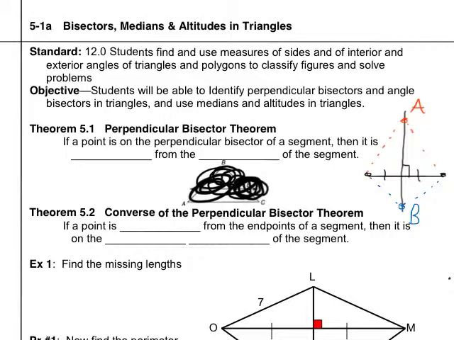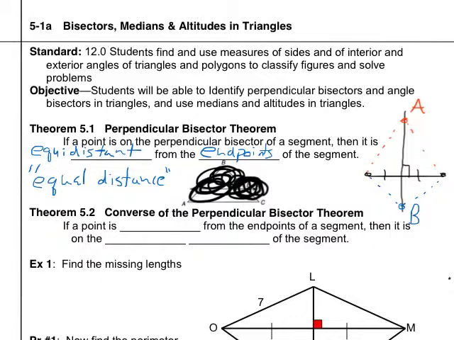It says if a point is on the perpendicular bisector of a segment, then it is equidistant. And that word just really means equal distance. That's all that means. So it's equidistant from the endpoints of the segment.